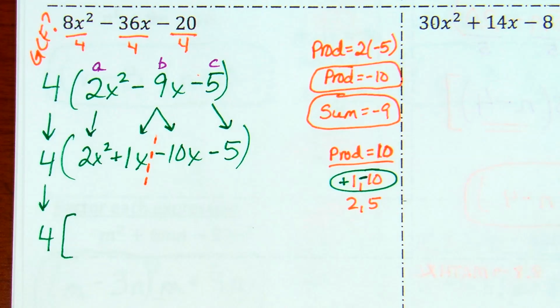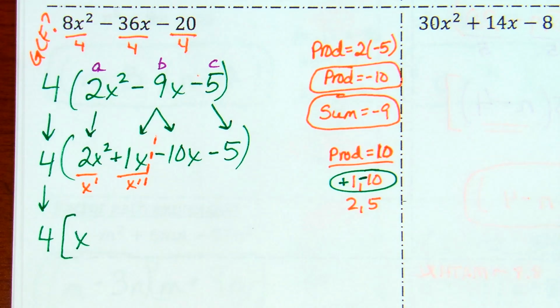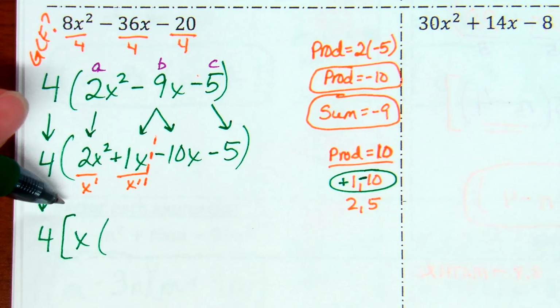Okay, 2 and 1, it's got to be a 1 because there's no number in common. How many x's do they have in common? X to the first. So I'm going to put this x out front. What's 2x to the second divided by x? 1x.